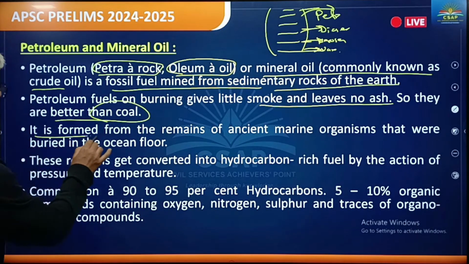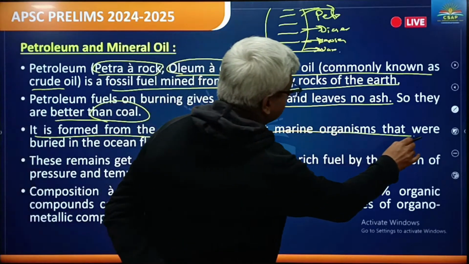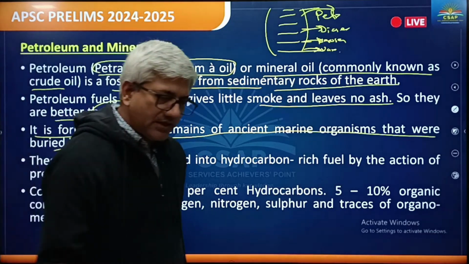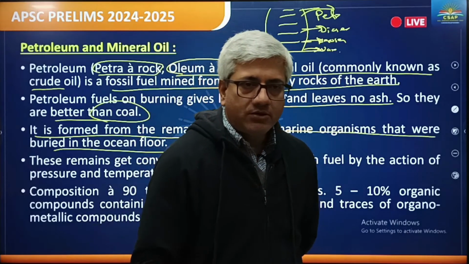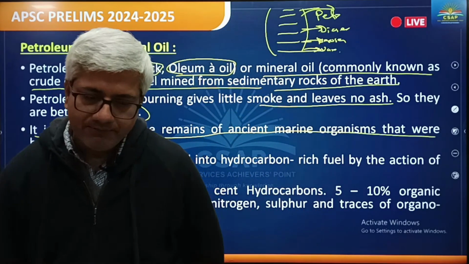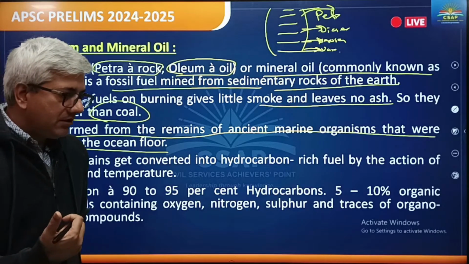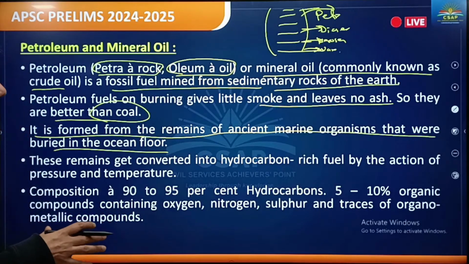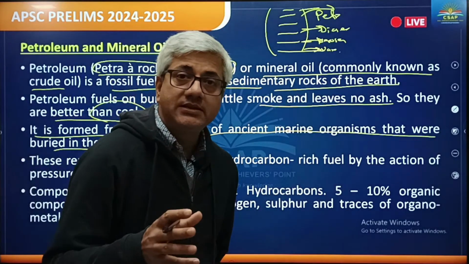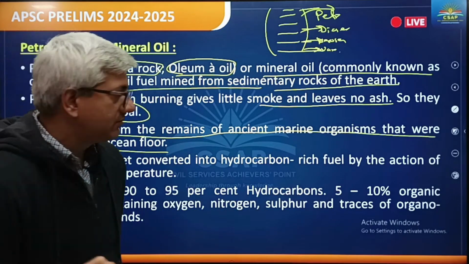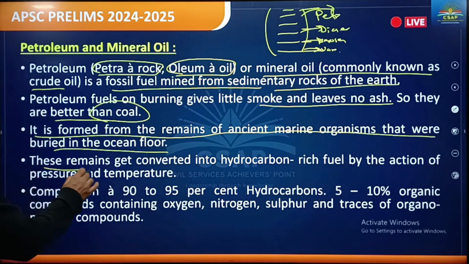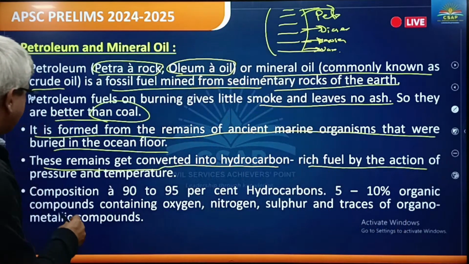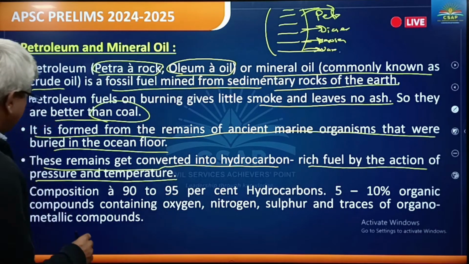That is, whether complete burning happens or not. It is formed from the remains of ancient marine organisms that were buried in the ocean floor. They get trapped under the ocean floor, between the rocks. Those organisms, plants and animals, once trapped, undergo anaerobic disintegration, and then obviously oil oozes out from the body and these remains get converted into hydrocarbon-rich fuel by the action of pressure and temperature.